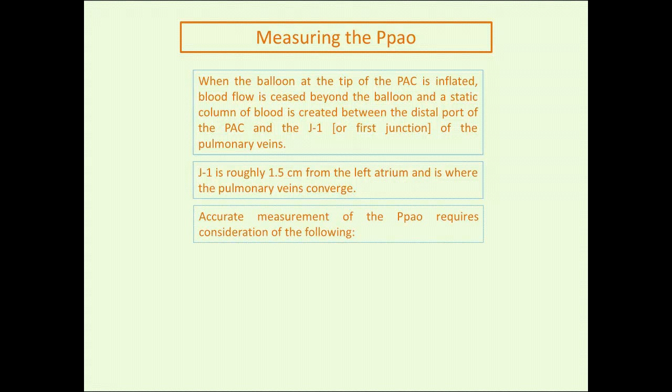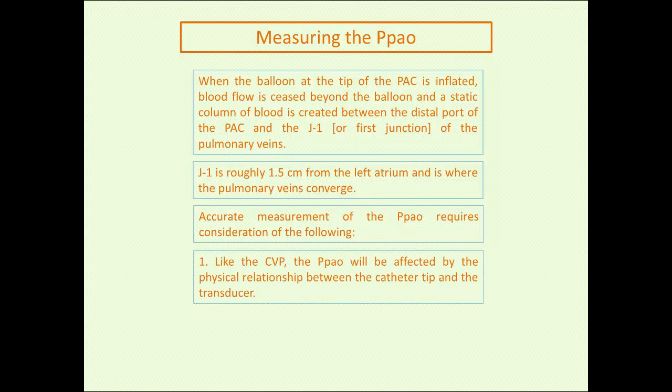Accurate measurement of the pulmonary artery occlusion pressure requires consideration of the following. Firstly, like the central venous pressure, the pulmonary artery occlusion pressure will be affected by the physical relationship between the catheter tip and the transducer. And I discussed that in Chapter 6 when measuring the central venous pressure on, say, something from a triple lumen.